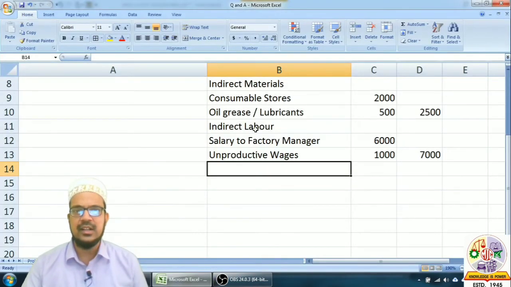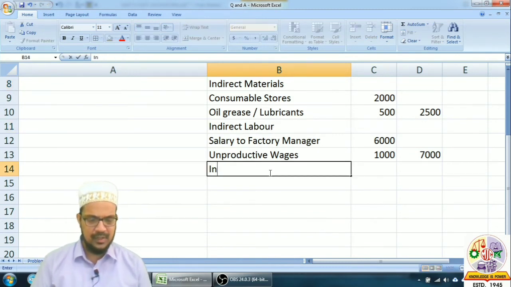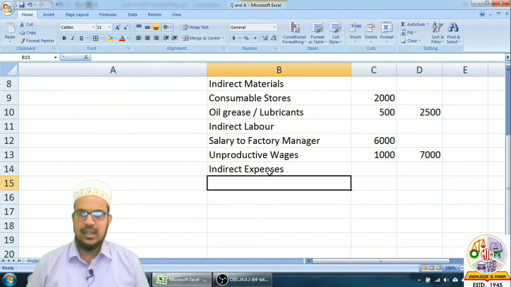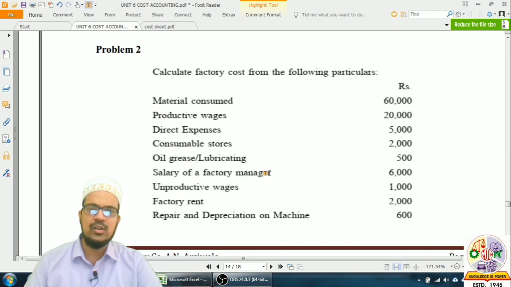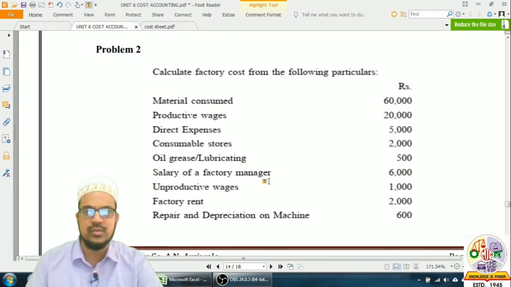Indirect materials are done, indirect labor is also done. Now we will write indirect expenses. Indirect expenses are those expenses which are incurred for production in the factory, but they are not directly attributed to the production process.